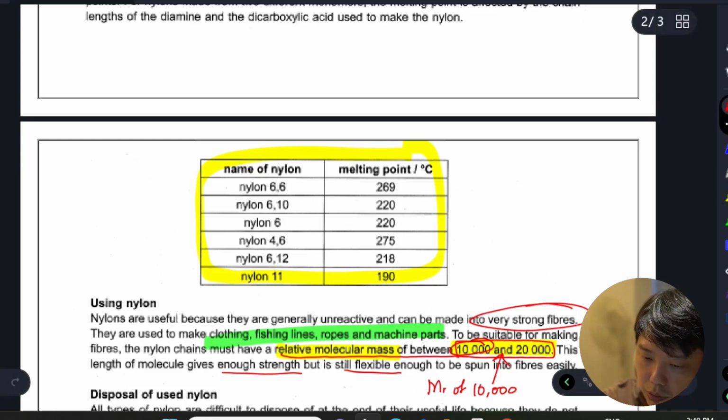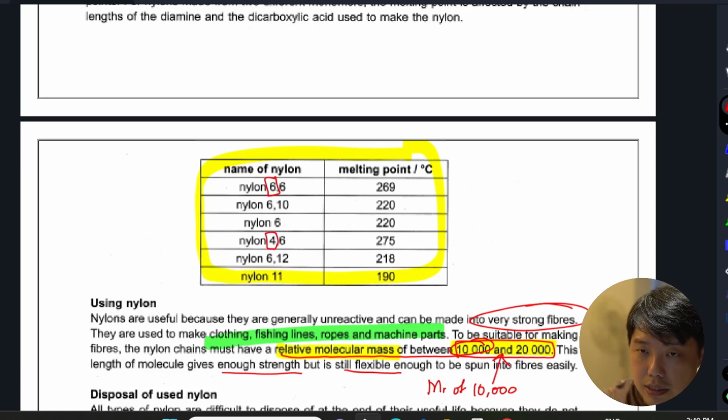So if you want to look at the difference, right, you look at this first number here and you compare that with a different first number. Okay, nylon 66 compared to nylon 46. So if there is a drop in 2 carbon, right, for the diamine side, diamine part of the molecule, what happens to the temperature?